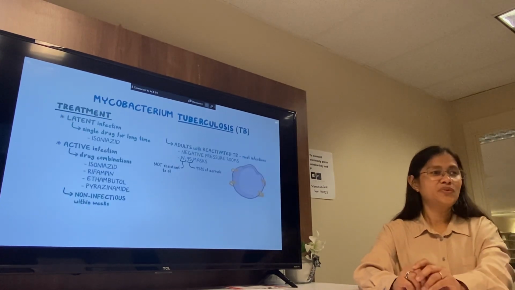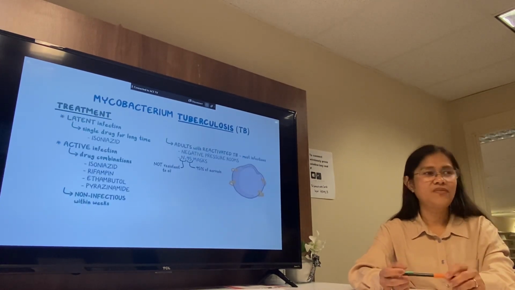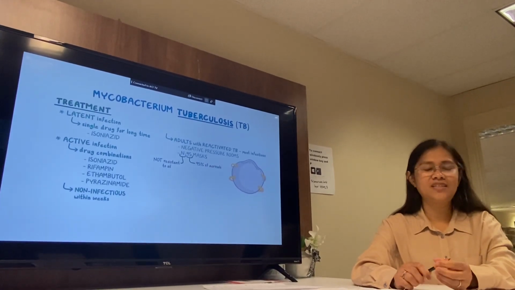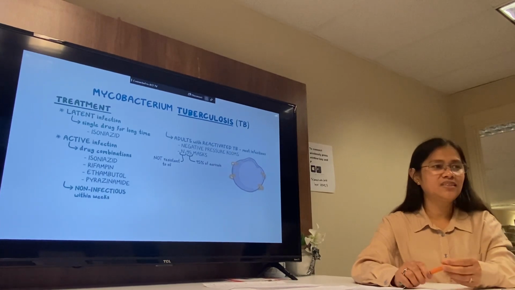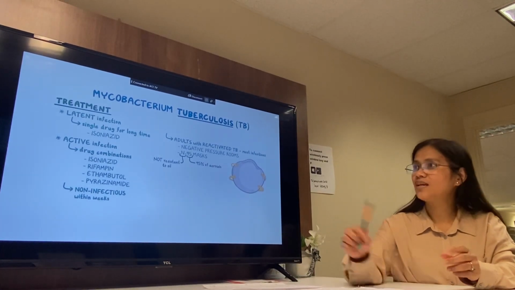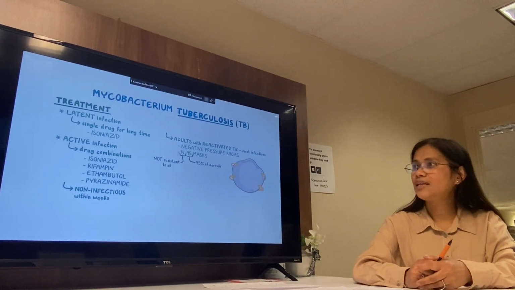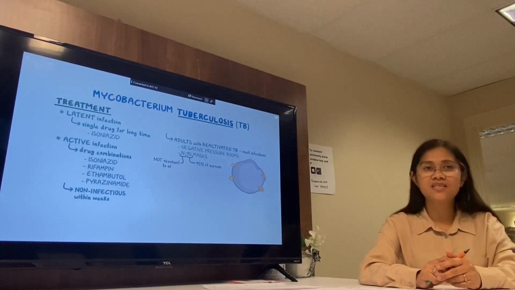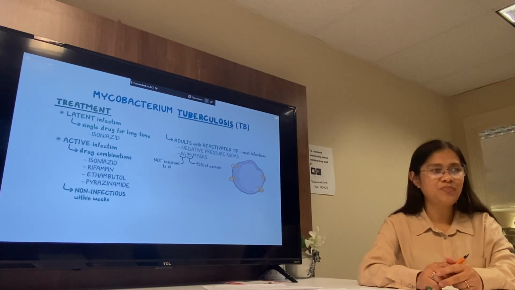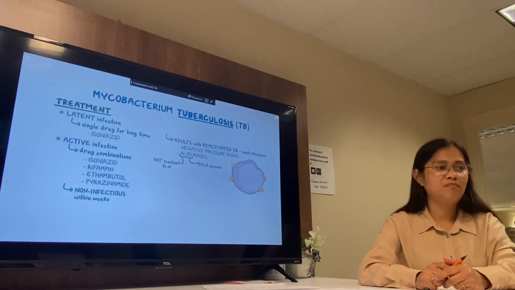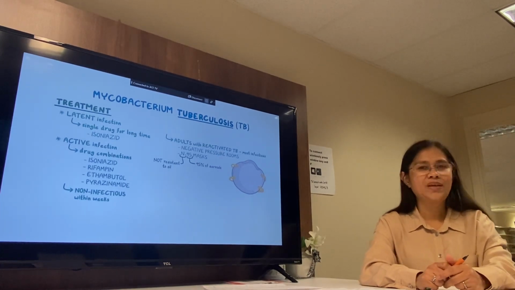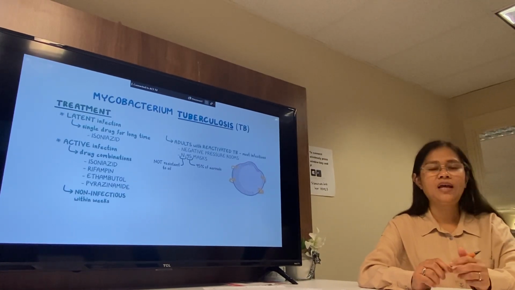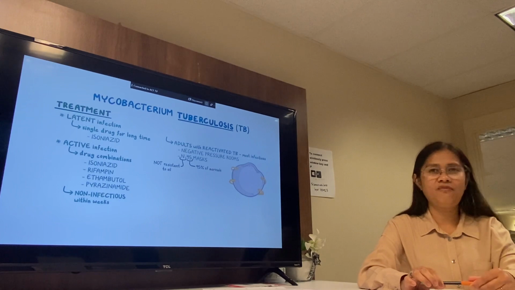Treatment for this infection, when it's latent, is a single drug for a long time, which is isoniazid. For active infection, the treatment is a combination of isoniazid, rifampin, ethambutol, and pyrazinamide. The person needs to be negative for a few weeks before they are considered non-infectious.